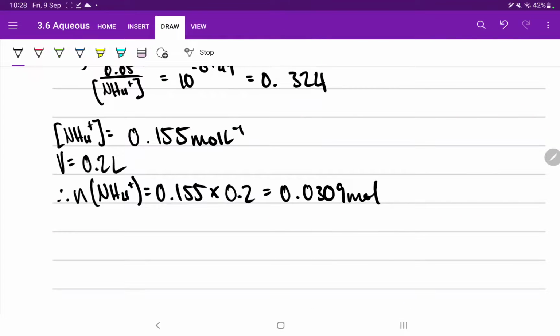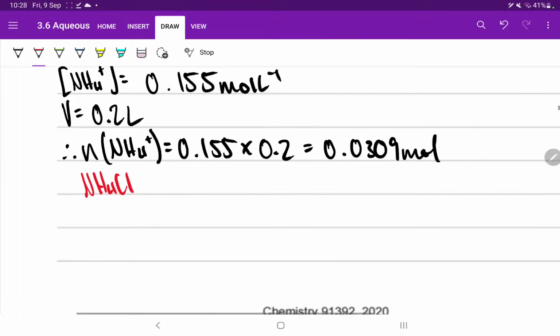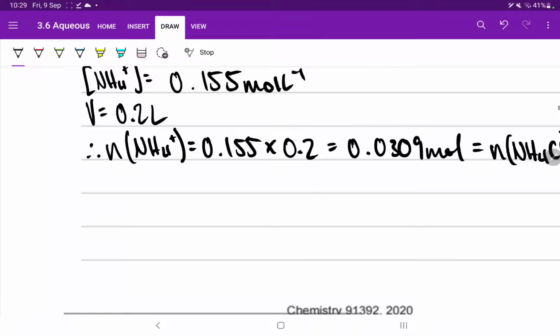Ammonium chloride has a 1-to-1 ratio, so there's one ammonium, and however many moles of ammonium we have, it's also going to equal the number of moles of ammonium chloride.